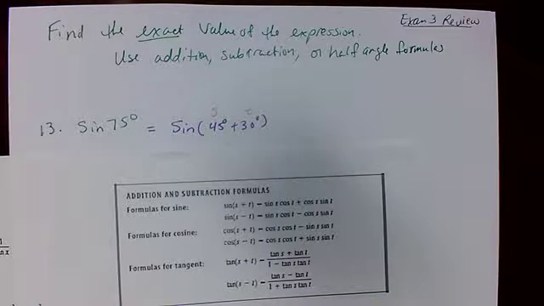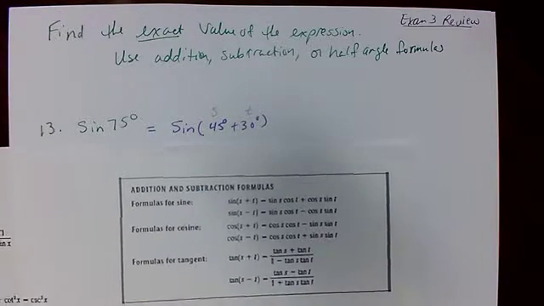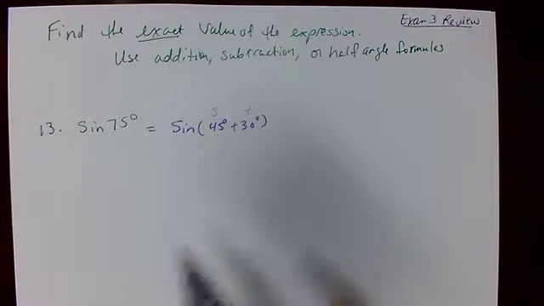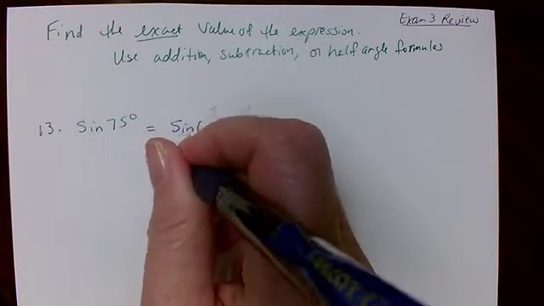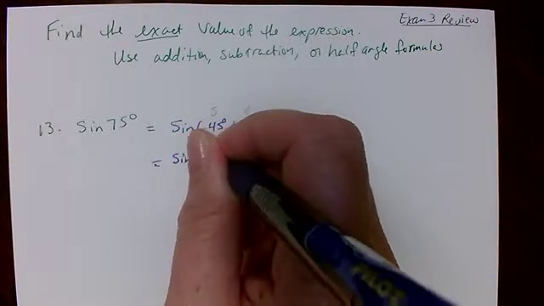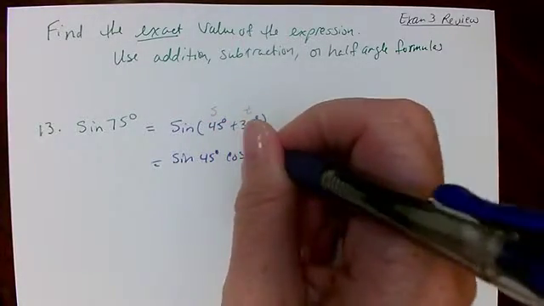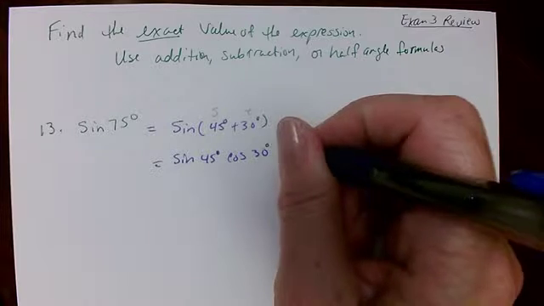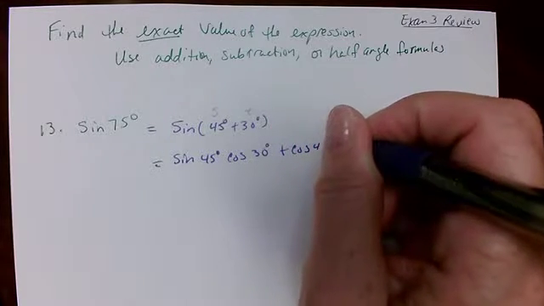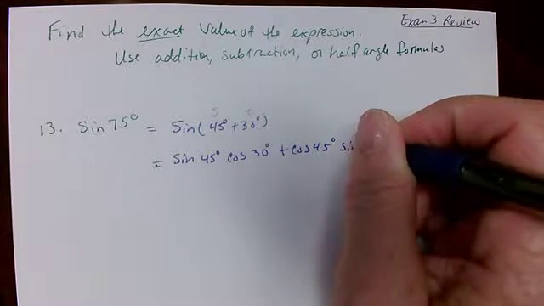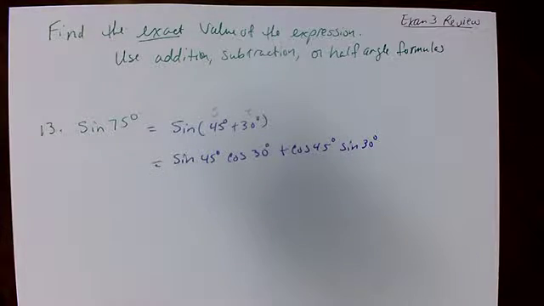You could have written them in the other order, but we wrote them this way, so that's just how we'll work with it. So this will equal the sine of 45 degrees times the cosine of 30 degrees plus the cosine of 45 degrees times the sine of 30 degrees.